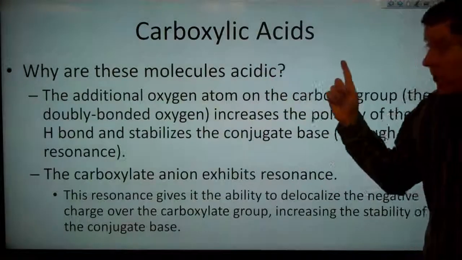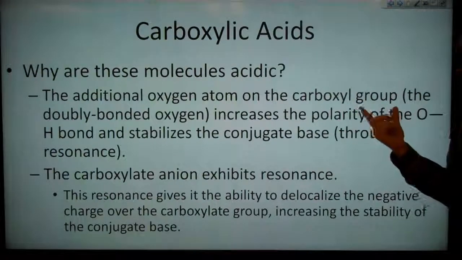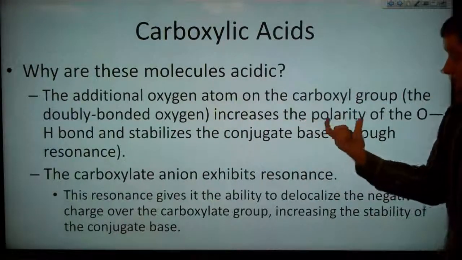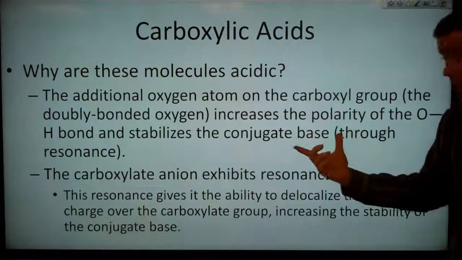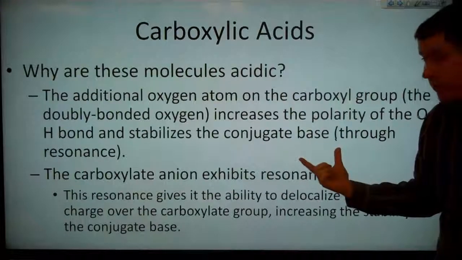Why are these molecules acidic? This additional oxygen atom on our carboxyl group, this double bonded oxygen, is increasing the polarity of our oxygen-hydrogen bond, and it's stabilizing our conjugate base through resonance.